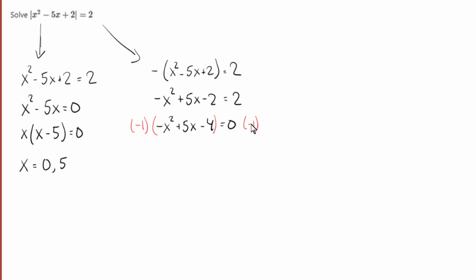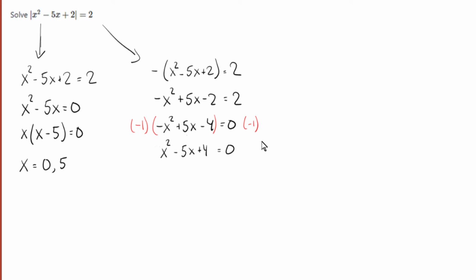When you are solving algebraic expressions, you can do really anything you want as long as you do the same thing on the left and right-hand side. And here what we're doing is we're just multiplying both sides by the same number, negative 1. The only effect it will have is that it will reverse the signs. So here we're going to be left with positive x squared. So now a is 1, so that's good. Negative 5x plus 4. And on the right hand side, 0 times negative 1 will have no effect.